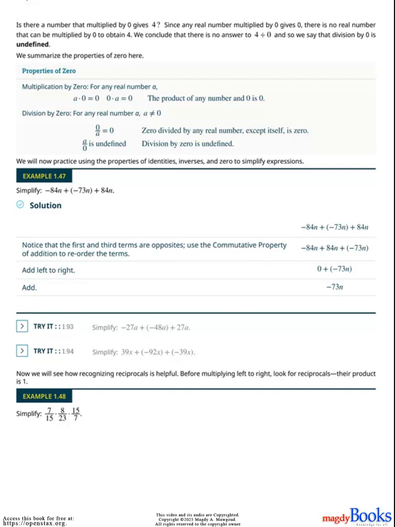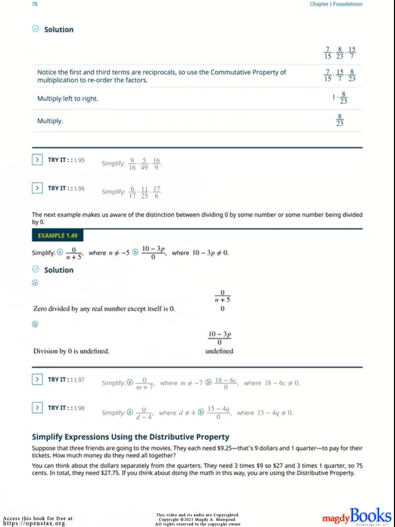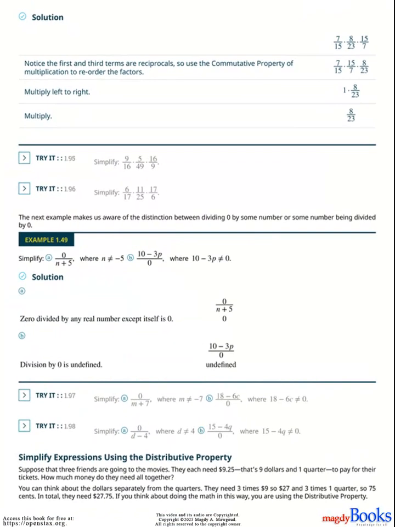Now we will see how recognizing reciprocals is helpful. Before multiplying left to right, look for reciprocals. Their product is 1. Example 1.48. Simplify. 7 over 15 dot 8 over 23 dot 15 over 7. Solution. 7 over 15 dot 8 over 23 dot 15 over 7.